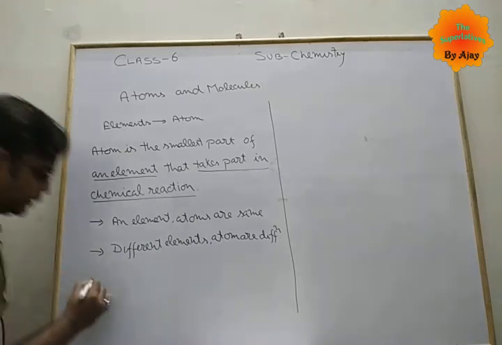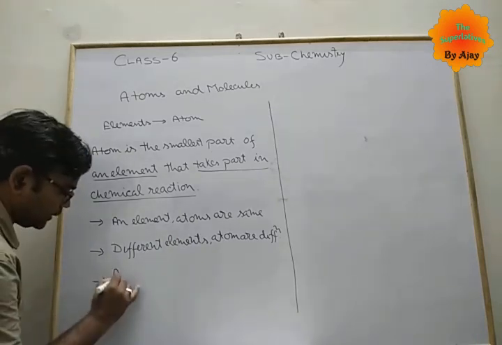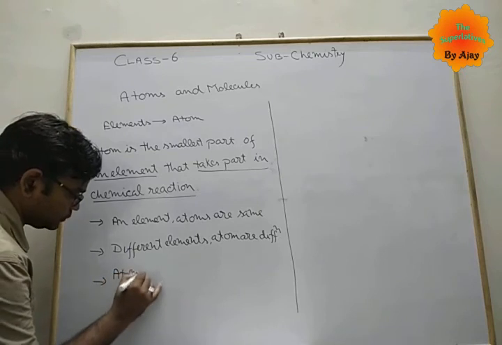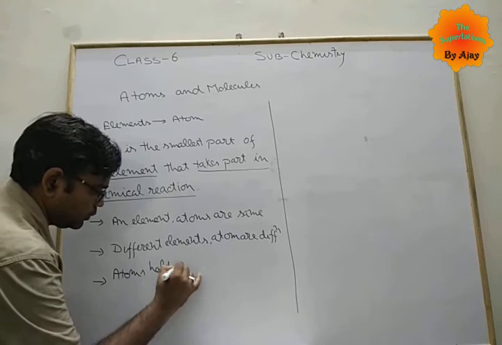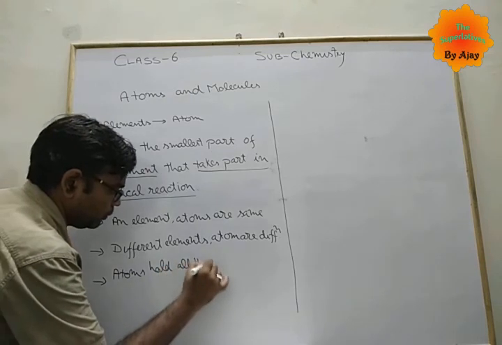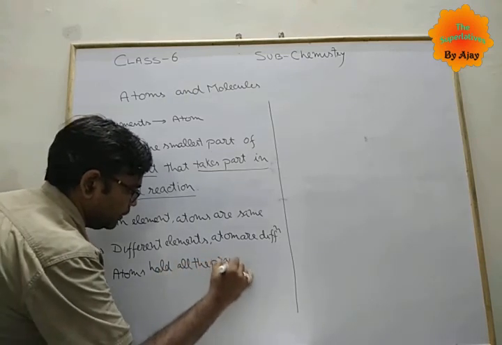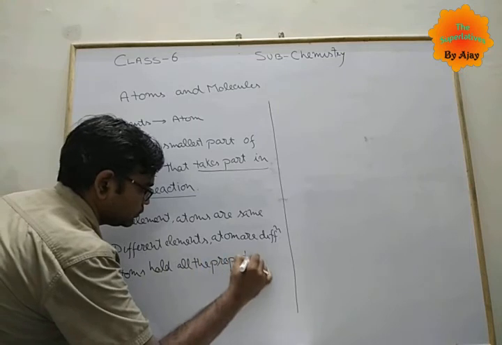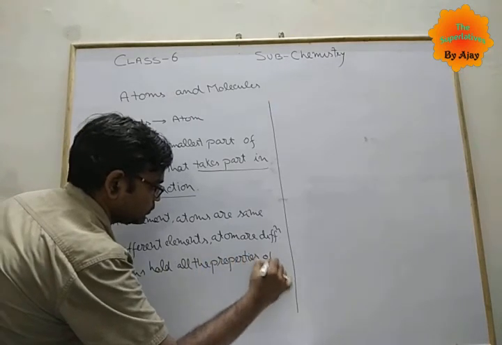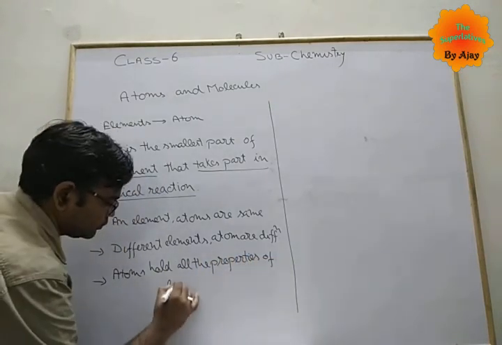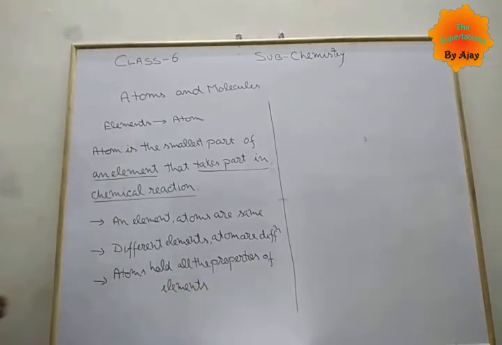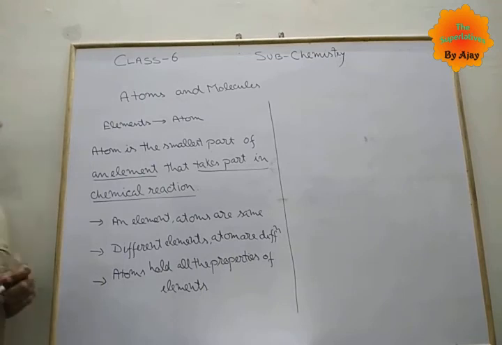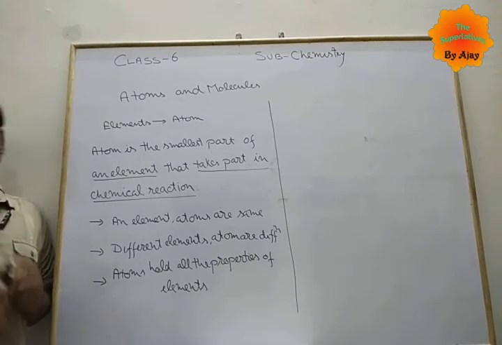And a unique feature: atoms hold all the properties of the element. Means whether it is a physical property or chemical property of the element, atoms hold all the properties.